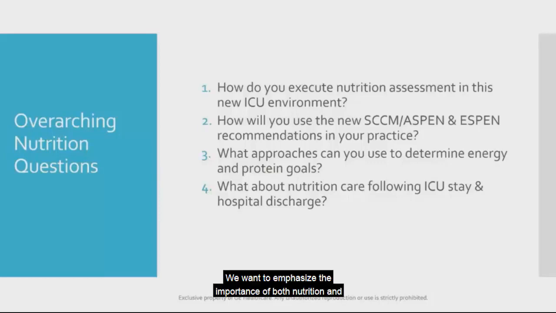We want to emphasize the importance of both nutrition and safety, not only for patients, but for healthcare clinicians as we move forward. The overarching questions really surround how we execute nutrition assessment in this new ICU environment. How will we use existing guidelines and new recommendations to take our practice to the next step?